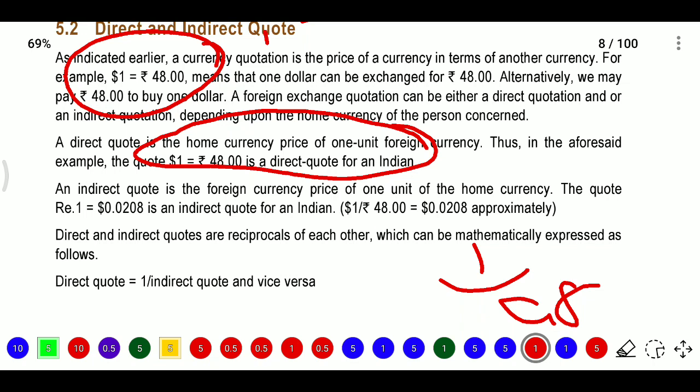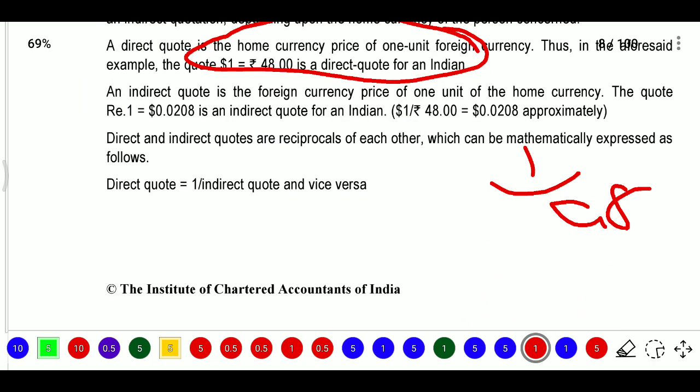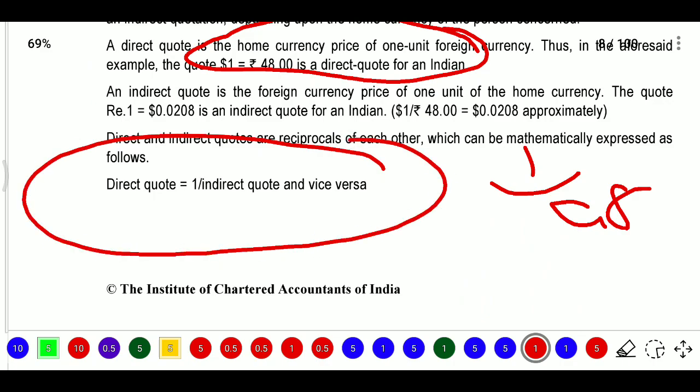So whether it is an indirect quote or a direct quote, they are reciprocals of each other, which can be mathematically expressed as follows: direct quote is equal to 1 divided by indirect quote, and vice versa.